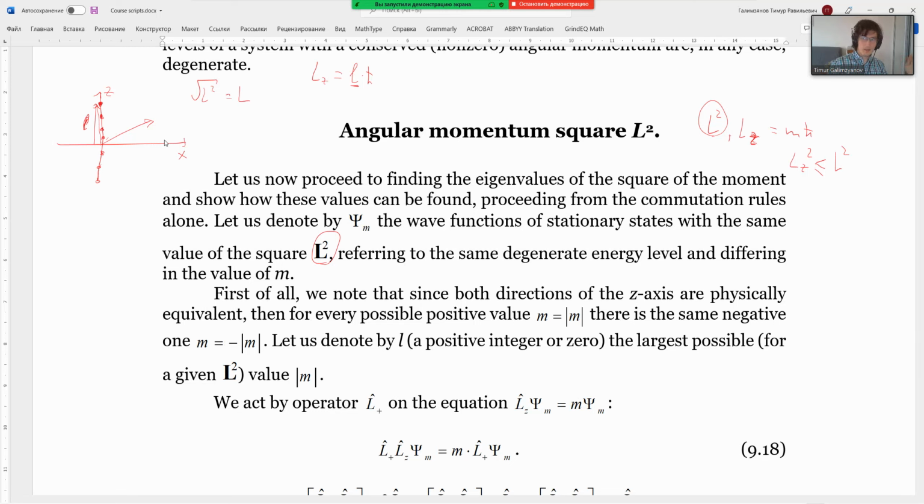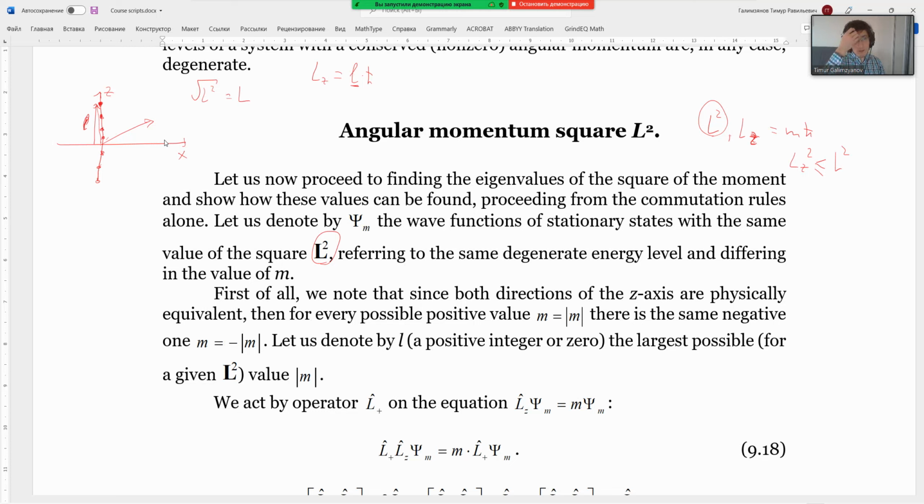In classical mechanics, the absolute value should be L, because you just rotate this vector towards that axis, align it with the z-axis, and find that the absolute value of the vector coincides with its maximal projection on the z-axis.